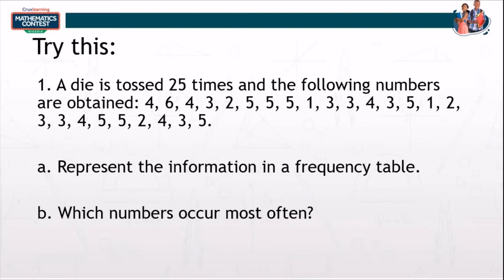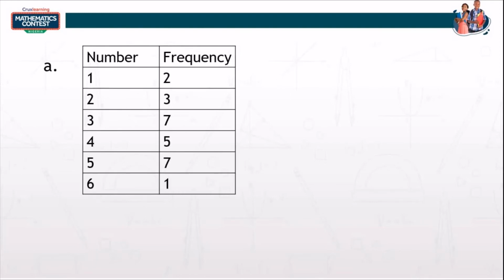I did it, and this is my result. So here is my table. My first column is the numbers obtained. So we have 6 numbers: 1, 2, 3, 4, 5, 6. These are the numbers obtained.